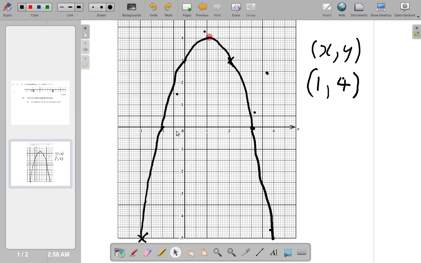Remember, for every point here on the x-axis, f of x is 0. For example, at this point, x is 4, f of x is 0. At this point, x is 2, f of x is 0. At this point, x is 1, f of x is 0.